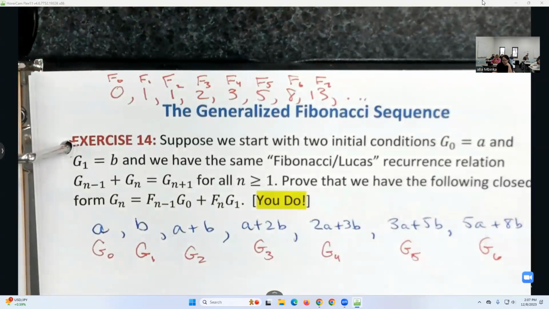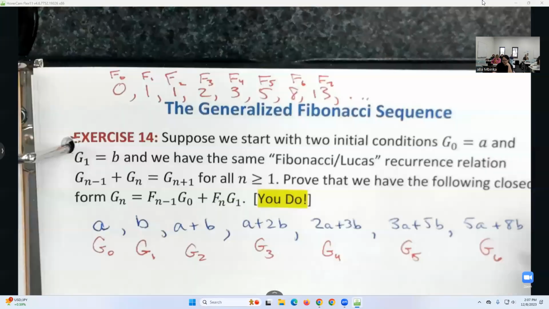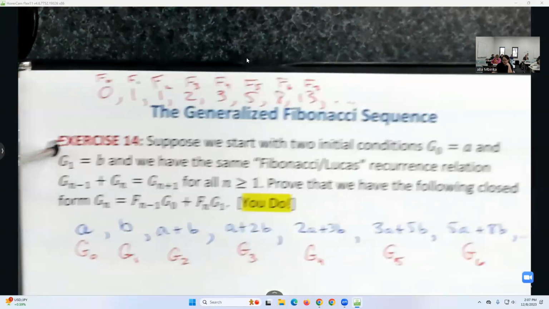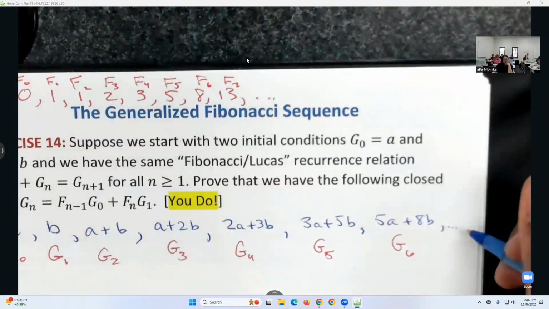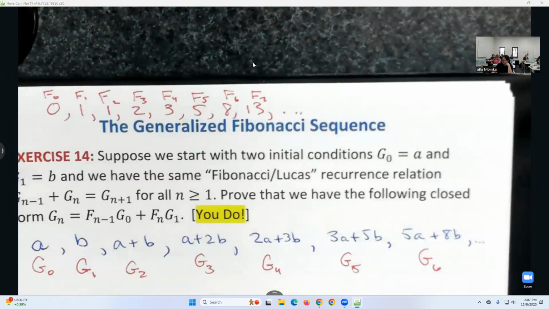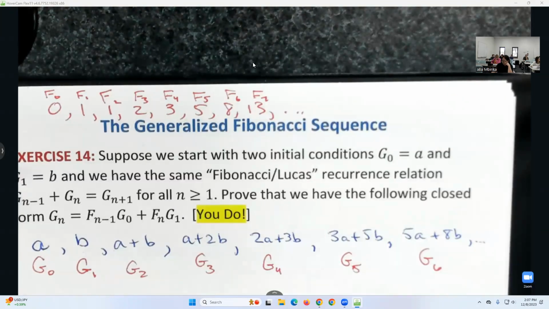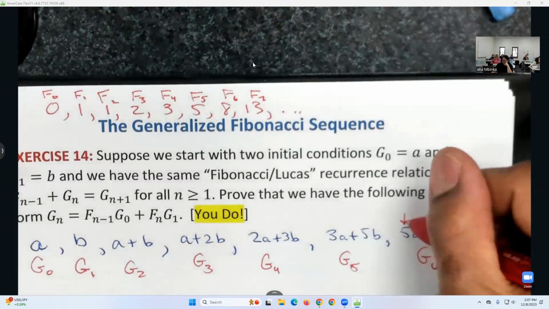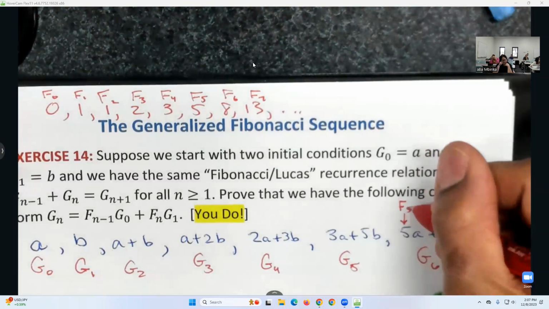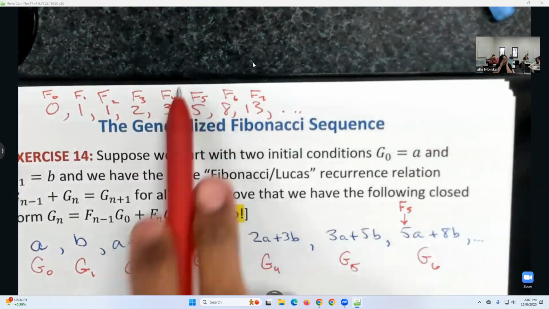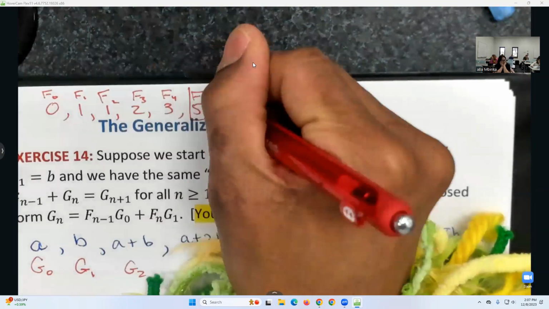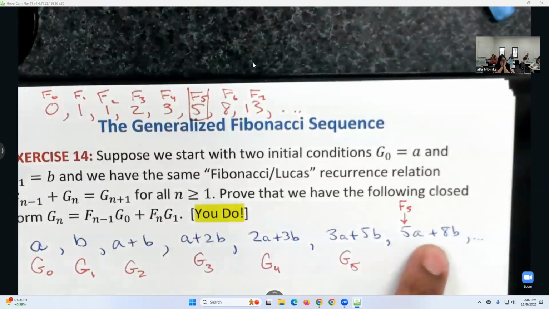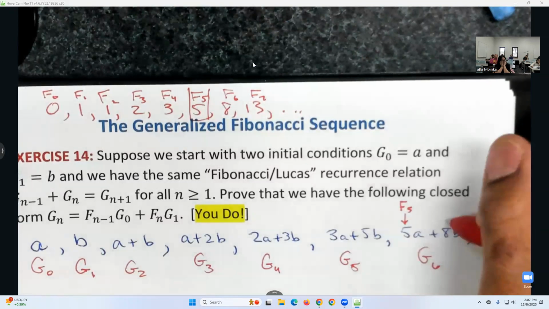Now, it's no surprise probably that you're recognizing that the numbers next to the A's and B's are Fibonacci numbers. What are they doing there? This number 5 here is F5. I know that because F5 is 5. That's the one I have memorized for sure. And this number 8 here is F6.